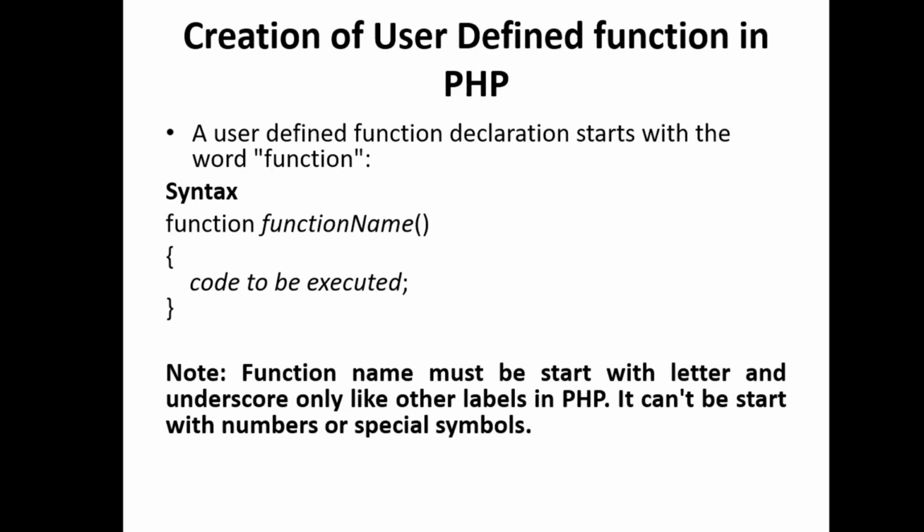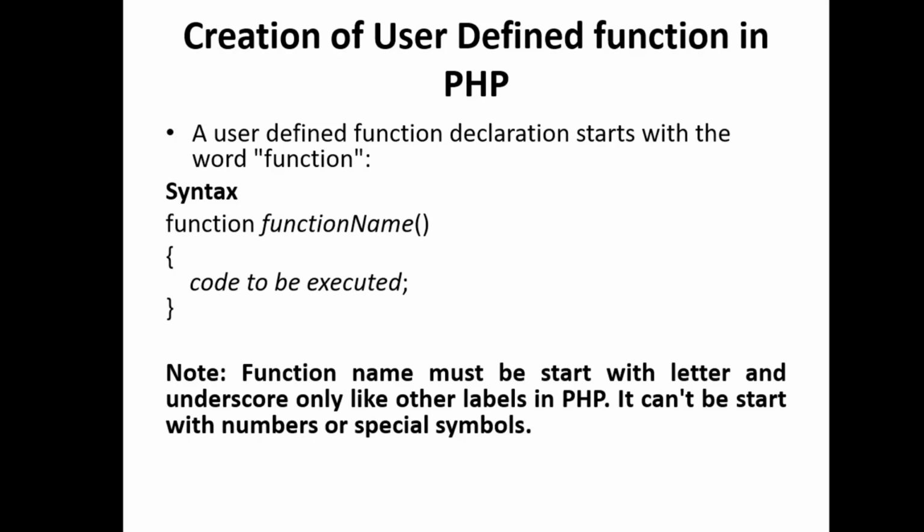Creation of a user-defined function in PHP. How can you create your own PHP functions? The keyword used is function, followed by the name of the function. A user-defined function is declared with the starting word function, then a space, then the function name. The function name can be any name, your name also, and so on.